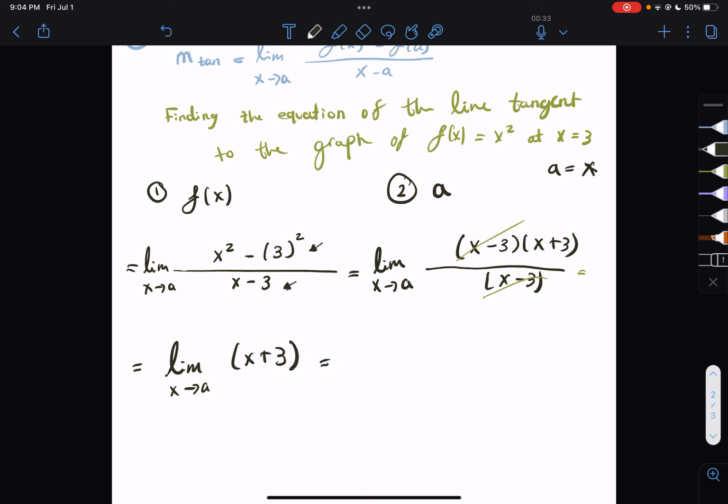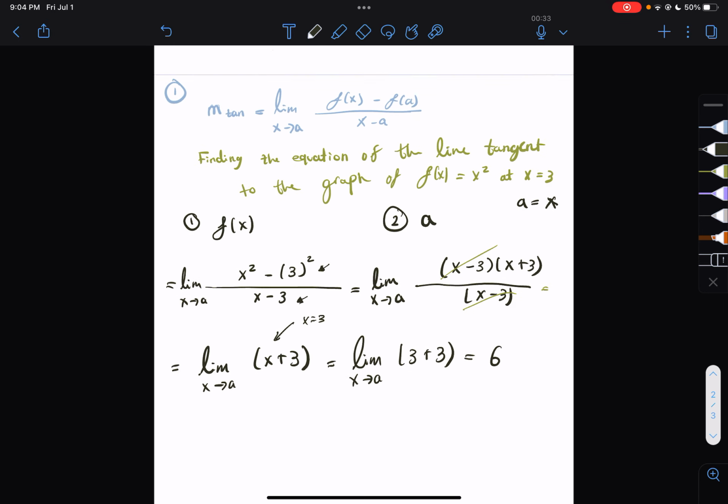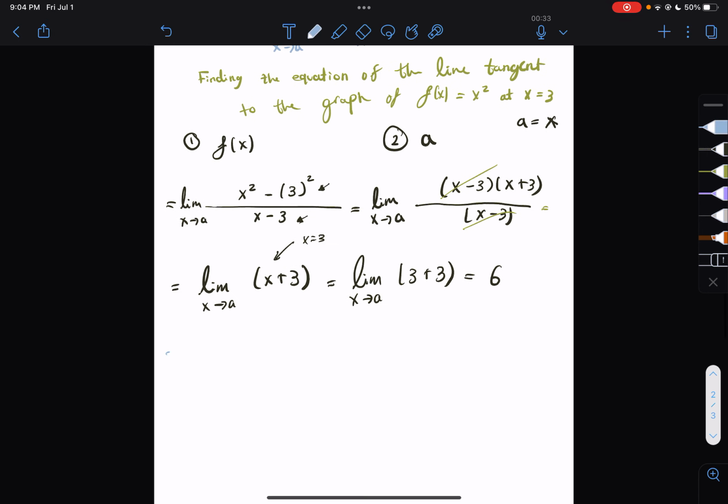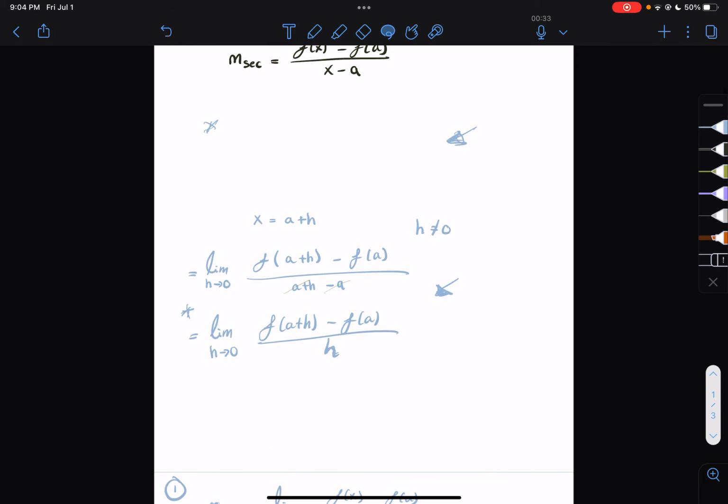And now we're back here, and we know that x equals 3 in this case, right? So we go ahead and implement it here. So it's going to be 3 plus 3, and now we know that the slope of that tangent is going to be 6. Now we can use the second method as mentioned, and it will provide the same answer.